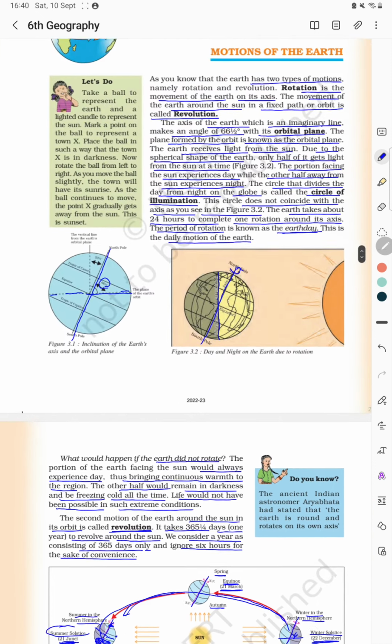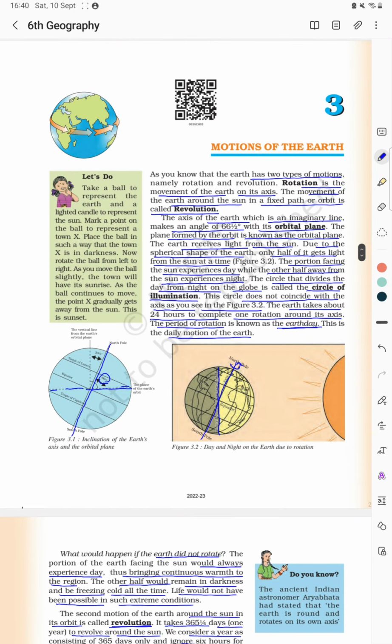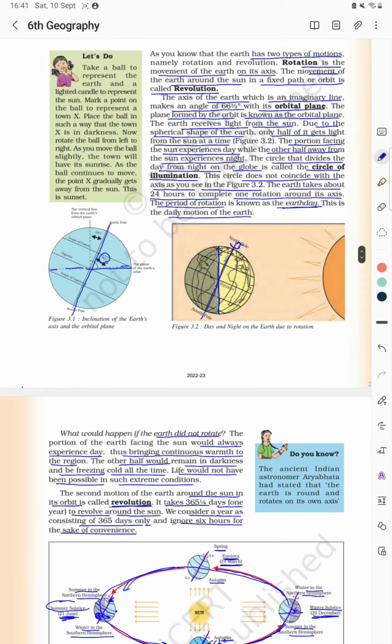In this chapter we have learnt about the motions of the earth. One is rotation and the other is revolution. One is about its own axis, which is an imaginary line that is tilted, having an angle of 66.5 degrees with its orbital plane.